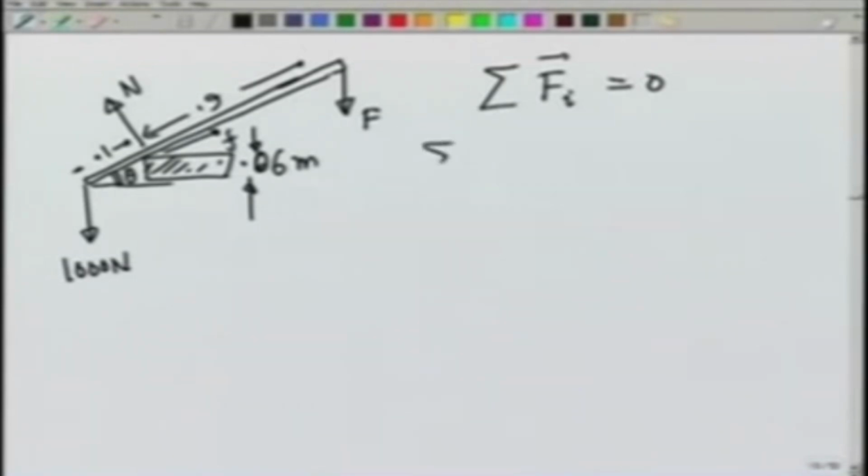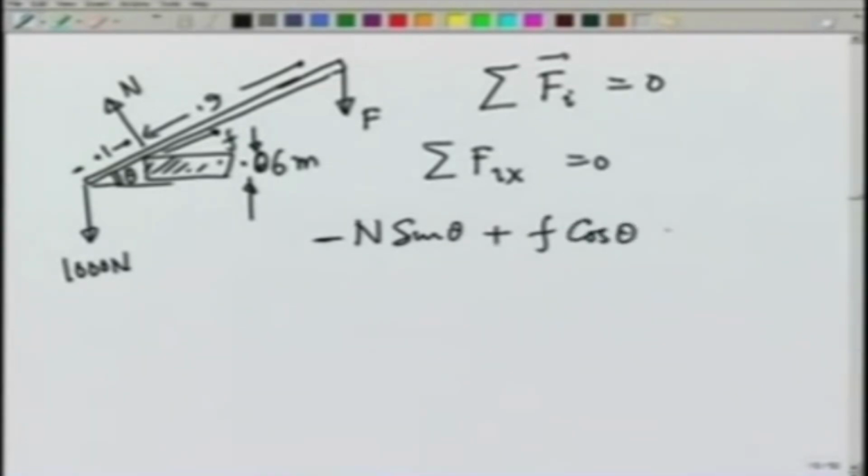So, summation F_ix is equal to 0 gives me minus N sin theta plus F cosine of theta is equal to 0. Similarly, when I write summation F_iy, the force component in the y direction, it is 0.